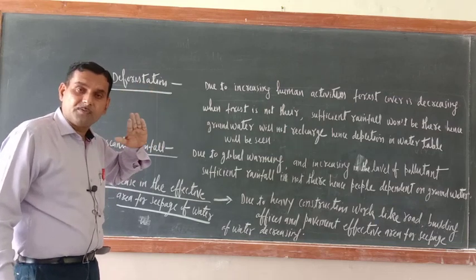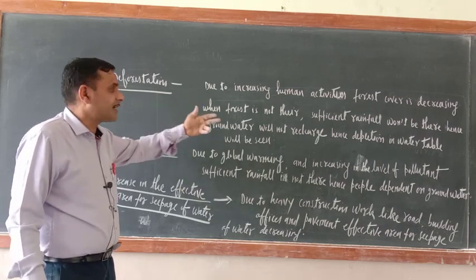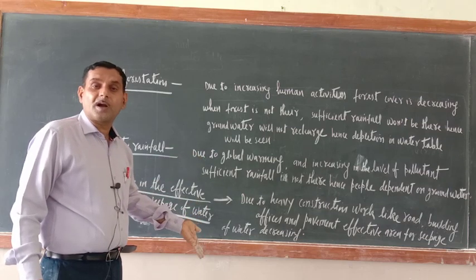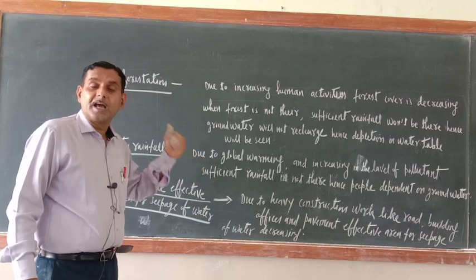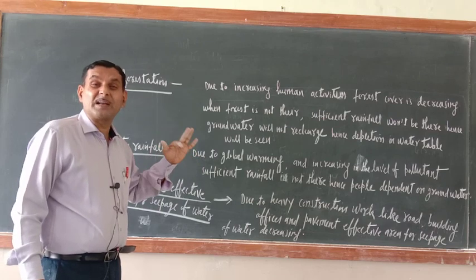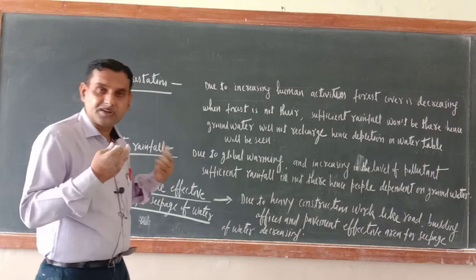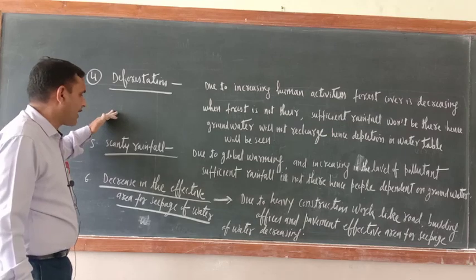So if forest cover is decreasing, then what would be there? Sufficient rainfall won't be there, and people will be dependent on groundwater, and one day entire groundwater will be finished, and replenishing of groundwater is not possible because rainfall is not there. That is why forest cover is required.